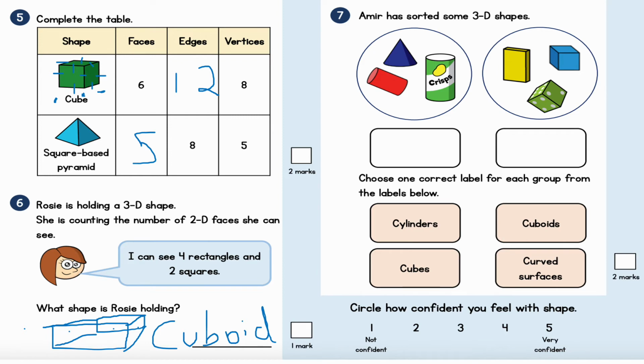This is question number 7. Emiya has sorted some 3D shapes. Choose one correct label for each group from the labels. One correct label. So we could say that this one is cubes.